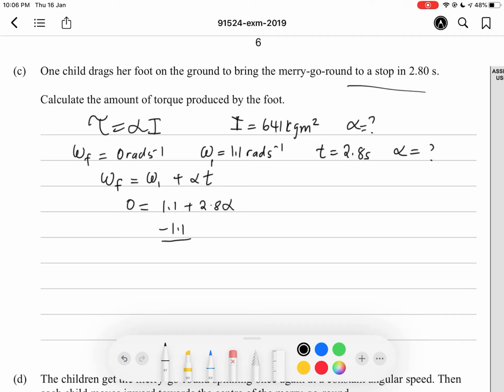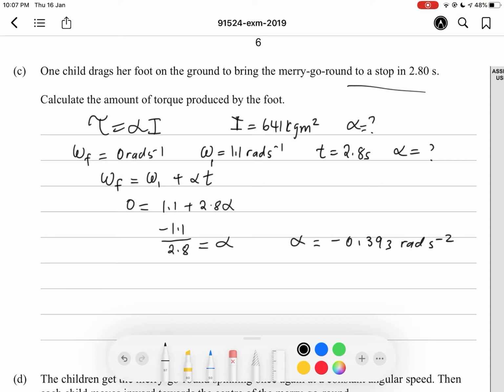If we rearrange this, we get negative 1.1 divided by 2.8 is equal to our angular acceleration. Our angular acceleration comes out to be negative 0.393 radians per second squared. The negative in front of the angular acceleration just means that the merry-go-round is slowing down, and the acceleration is in the opposite direction.